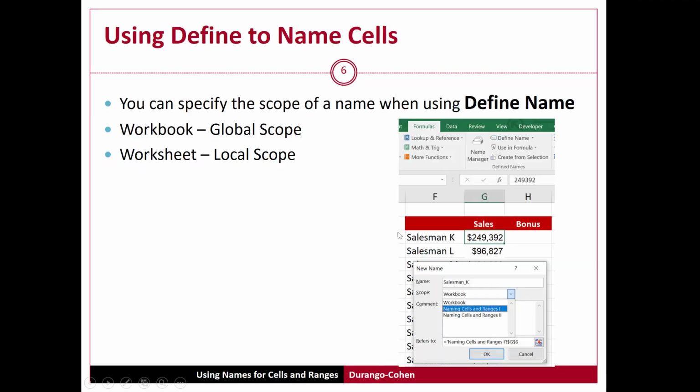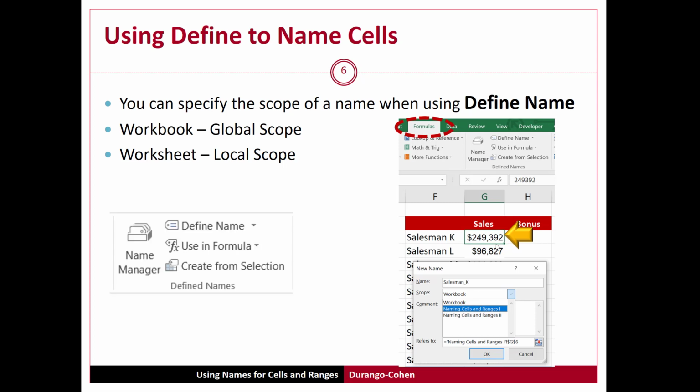Let's continue here. Okay, so now let's talk about actually using the define name functionality so that we can change the scope. So what I'm going to do is use the sales amount for salesman K, and I'm going to go to the formulas tab, and in the define name group, I'm going to pick define name.